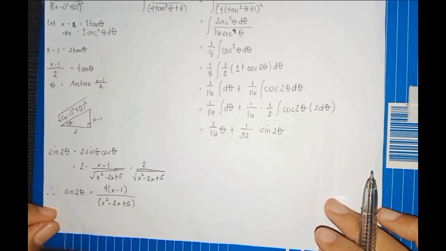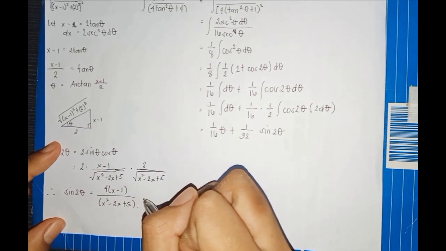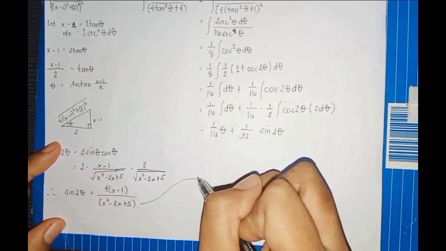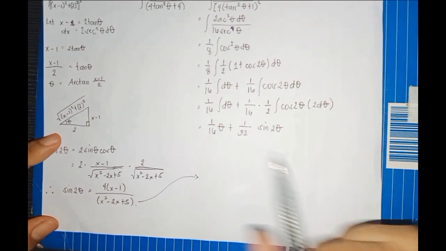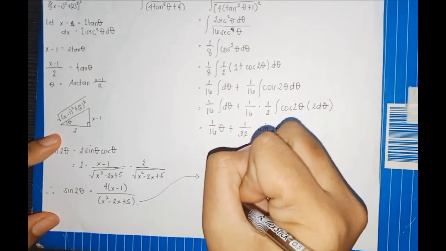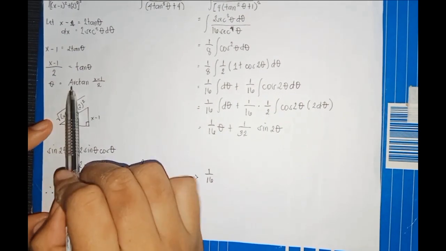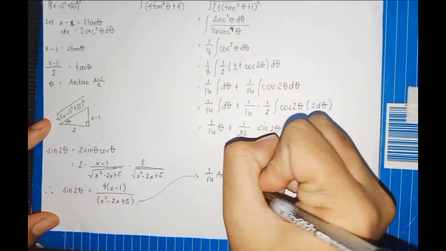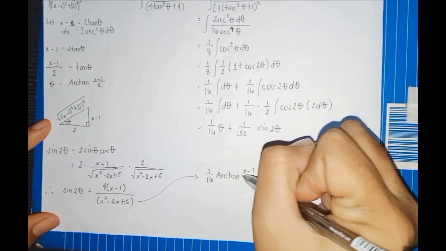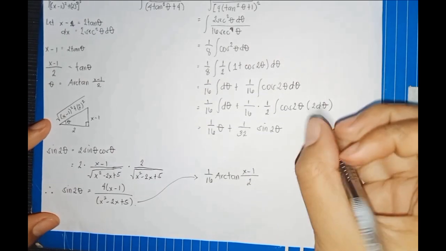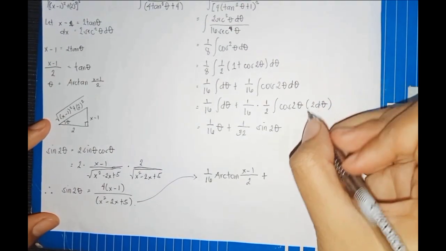Okay, so for the continuation, we will now get the 1/16. So our theta will be arctan x minus 1 all over 2 plus 1/8.